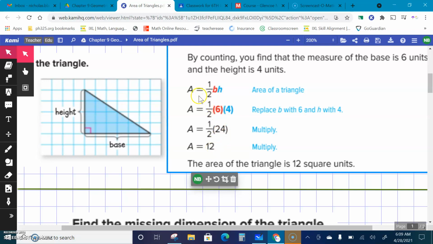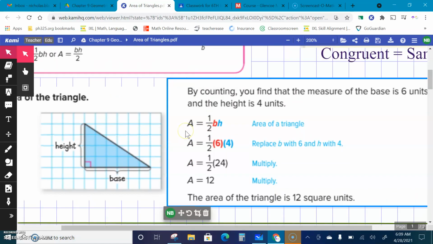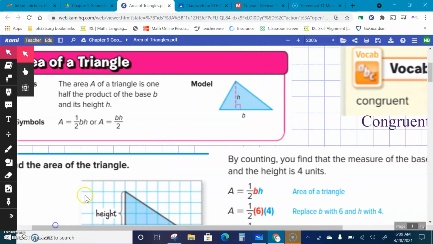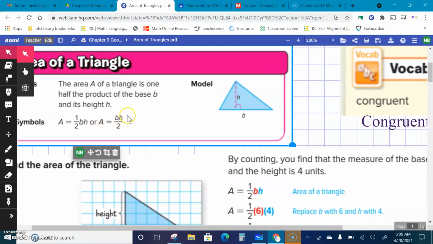As long as you start off with the right formula and substitute the numbers, you should be okay, and you should be able to solve the area of triangles. It's important that you use your formulas. I like this one right here, A equals BH over 2.